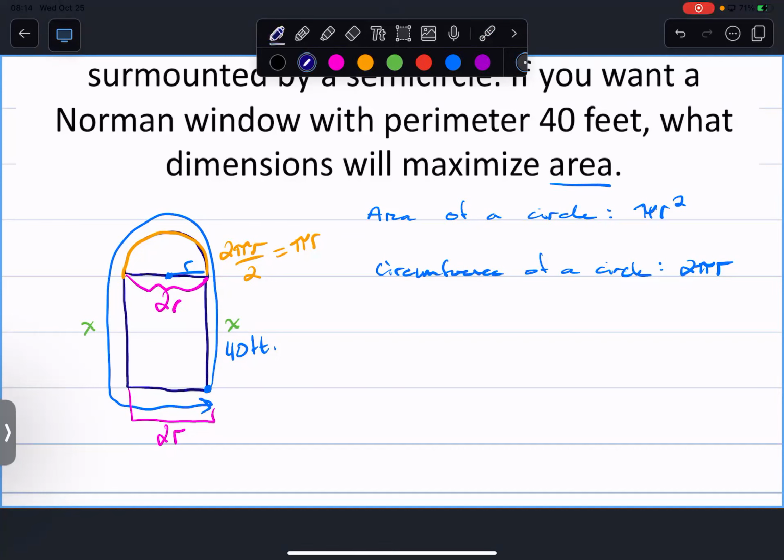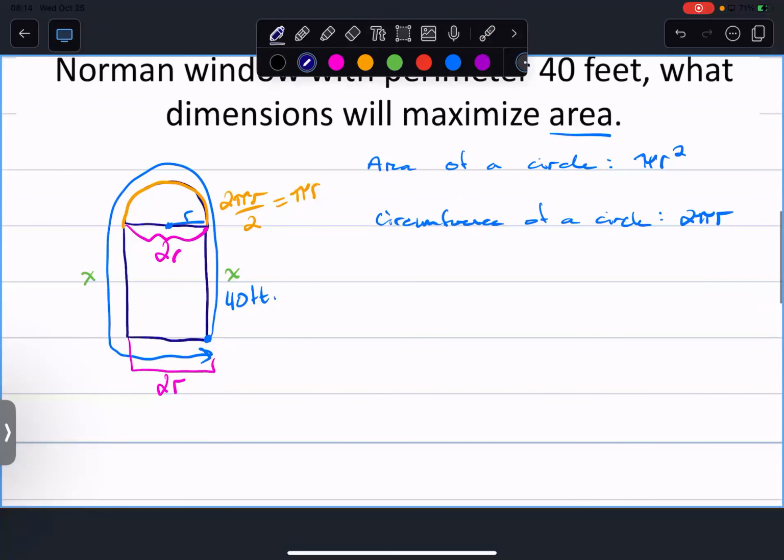And let's see here. So the perimeter, starting with this side, maybe, because I drew my little loop this way, has to be x plus pi r plus x plus 2r.